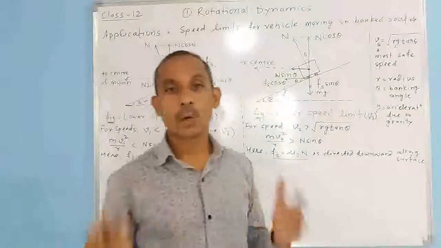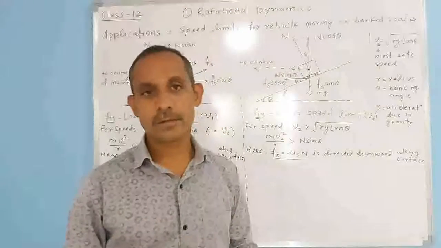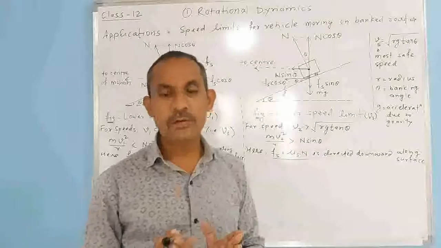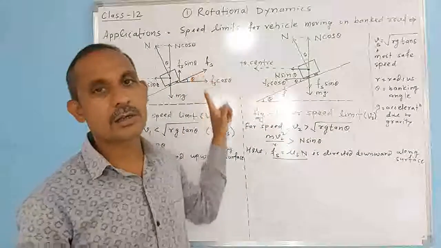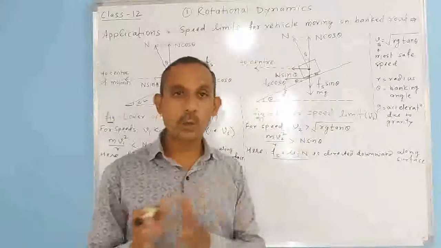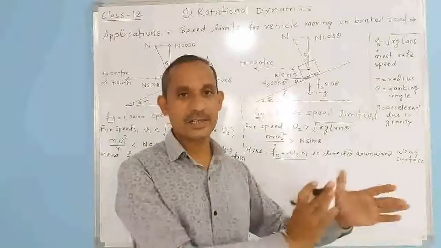Now, to study the lower speed limit, that means V1, we have to consider the role of the frictional force when the vehicles are moving along the banked road with lower speeds or higher speeds.